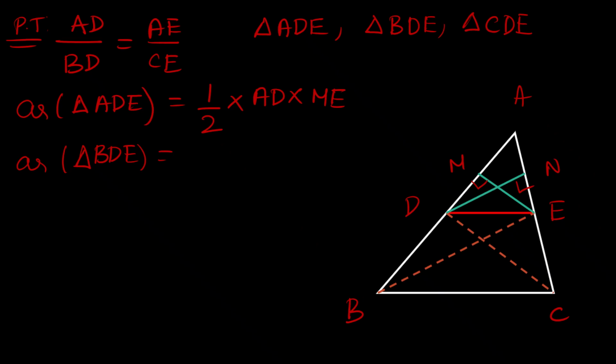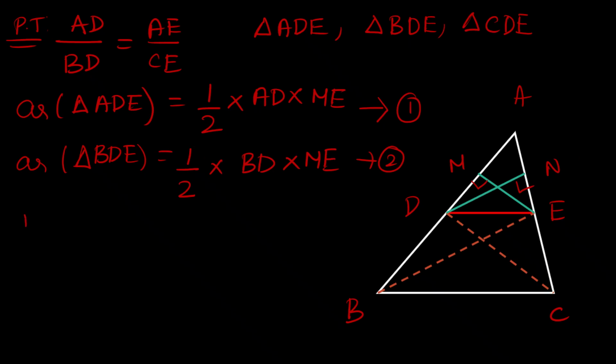So from E, the shortest way to reach AB, that is BD, is ME only. So ME here again is the height of the triangle BDE as well. So area of triangle BDE will be half into base BD into height ME. Let me mark this as 1 and this as 2.